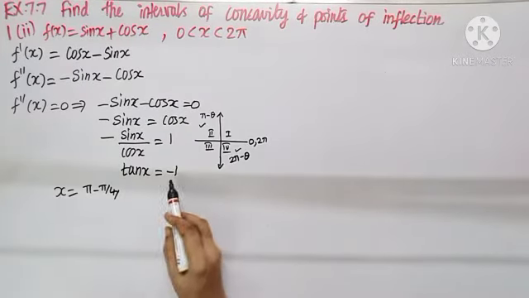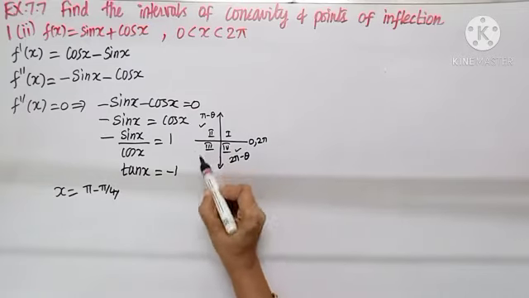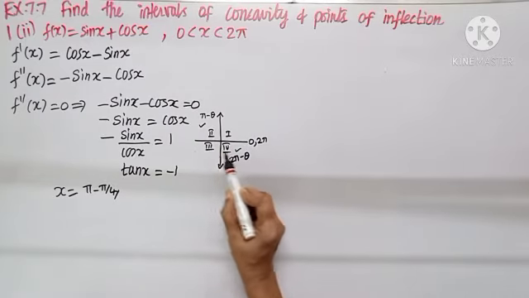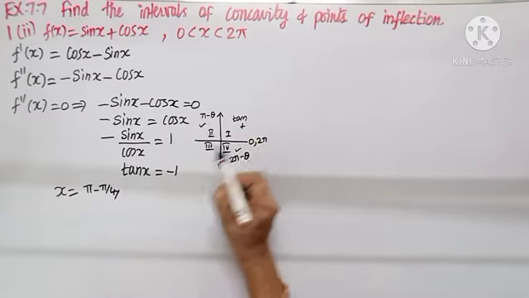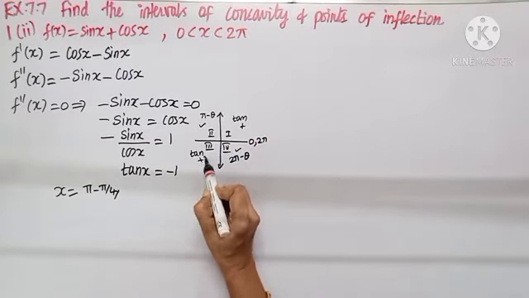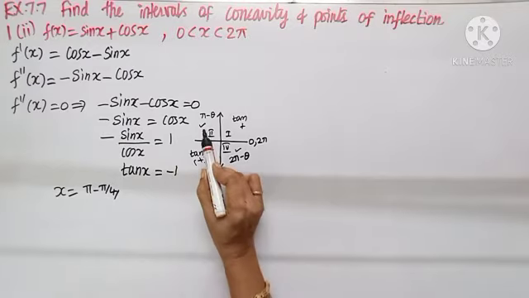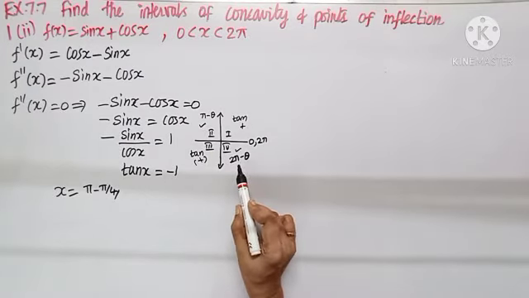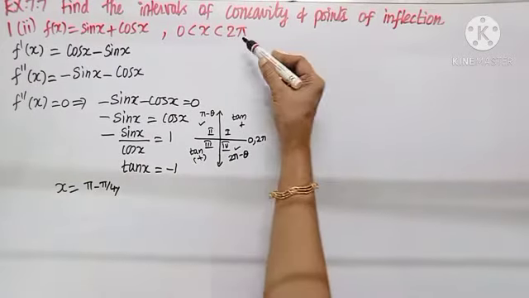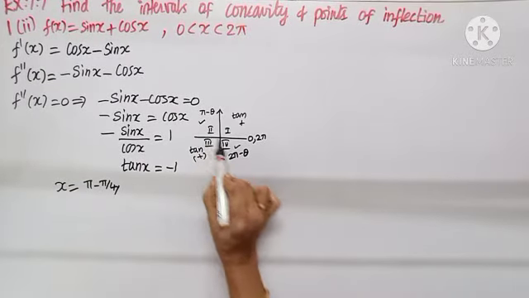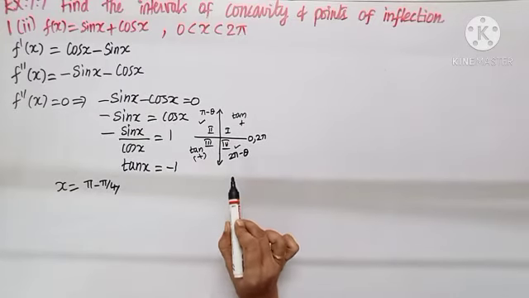When tan x is minus 1, we have the 4 quadrants 1, 2, 3, 4. Tan x is positive in the first and third quadrant. So tan negative tells me we are in second and fourth. How to write the second quadrant? 0 to 2 pi is our interval. In the second and fourth quadrant tan is negative.